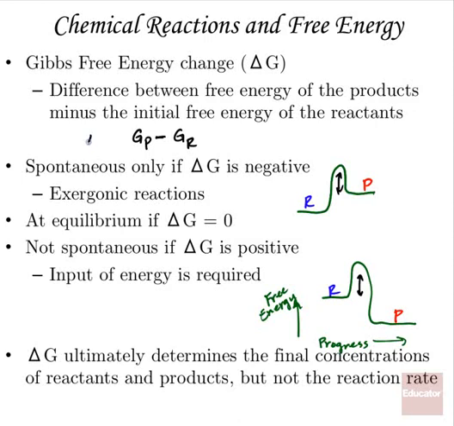Okay, that's our delta G. So, if our products have a higher energy state than our reactants, that delta G is going to have a positive sign. Okay, meaning you need to add in energy from the system, usually in the form of heat or ATP, to get up to this energy level.